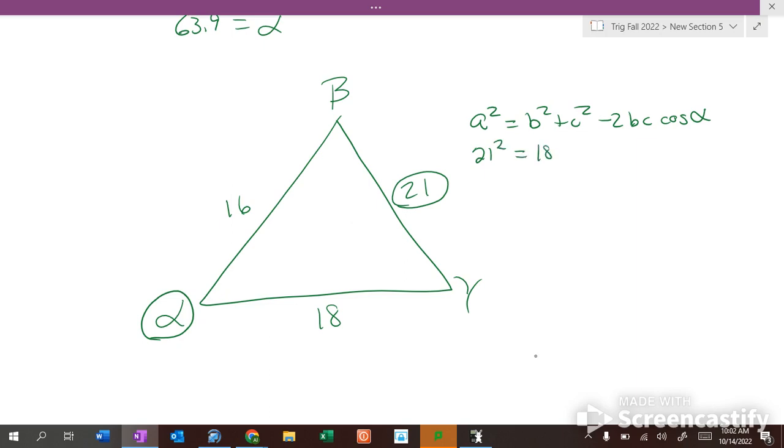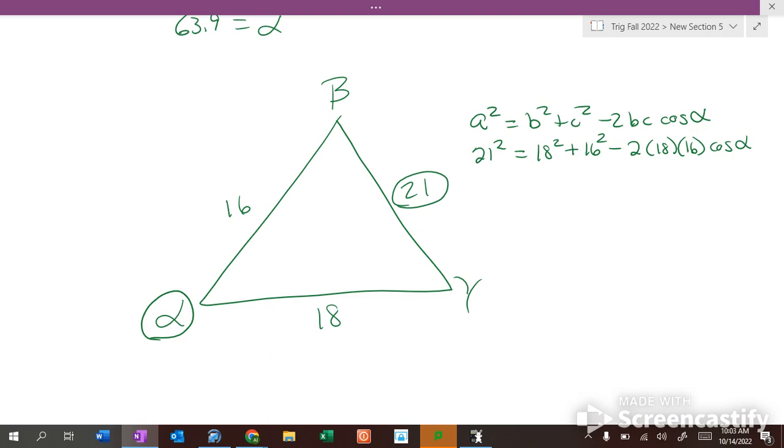B is 18 because it's opposite of beta. And C is 16 because it's opposite gamma. Minus 2 times 18 times 16 cosine of alpha. So 21 squared equals 18 squared plus 16 squared minus 2 times 18 times 16 cosine of alpha.